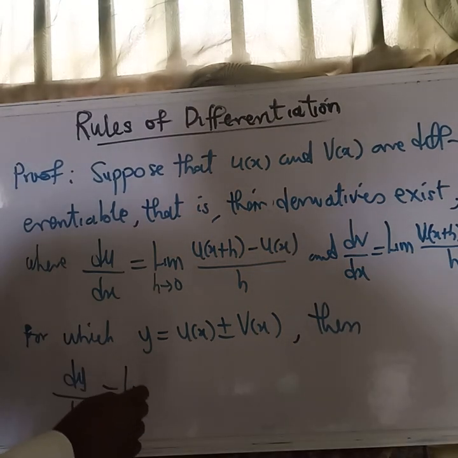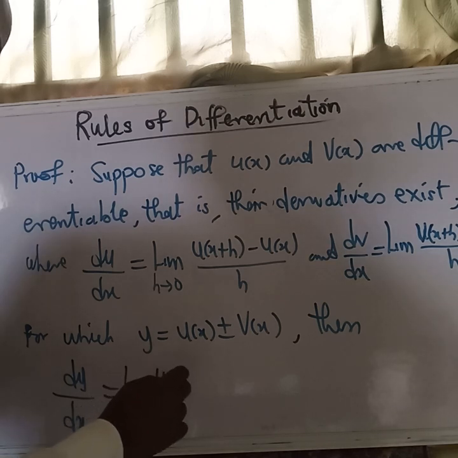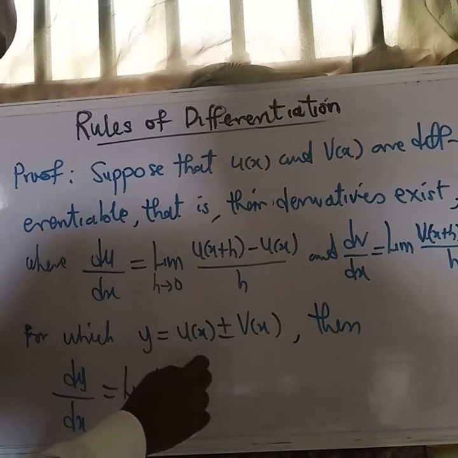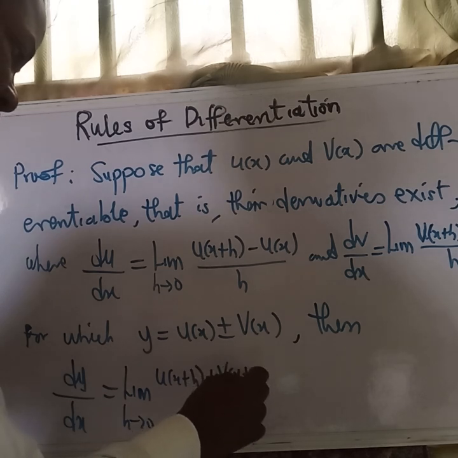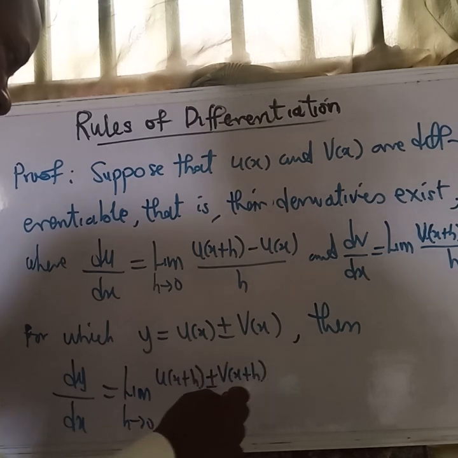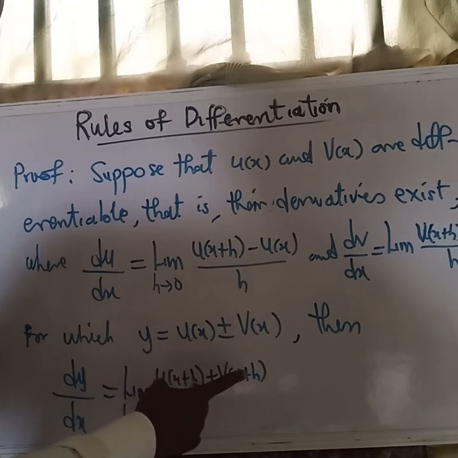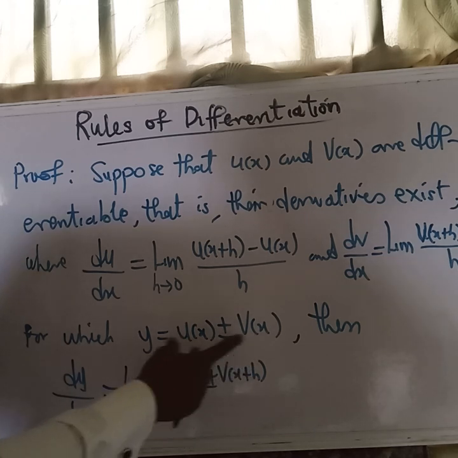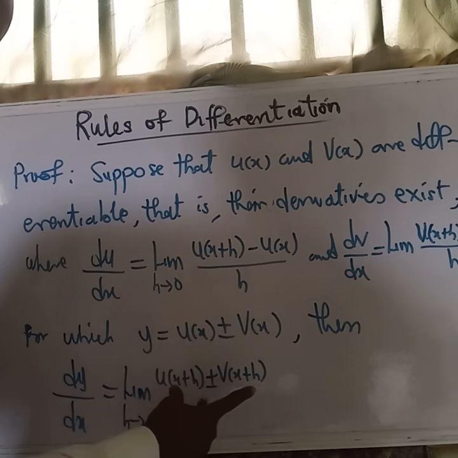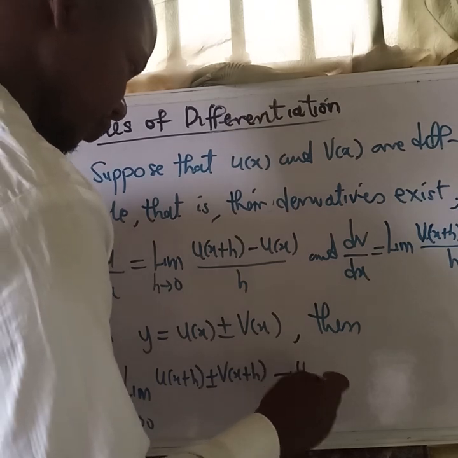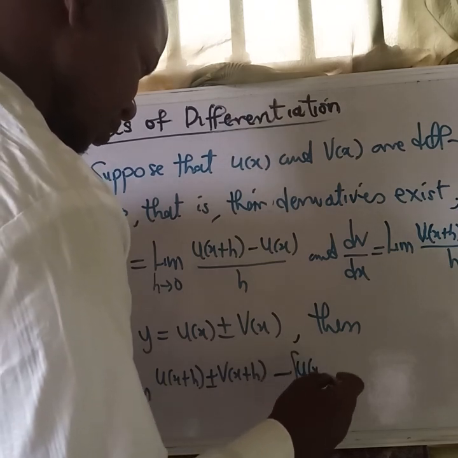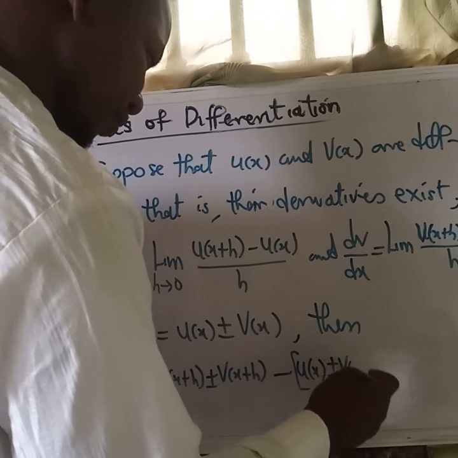Okay, so by definition, y is given as this, so it means this will be given by u of x plus h plus or minus v of x plus h, minus u of x plus or minus v of x.